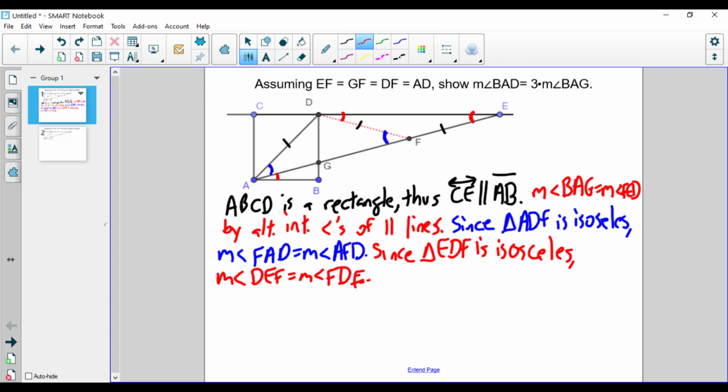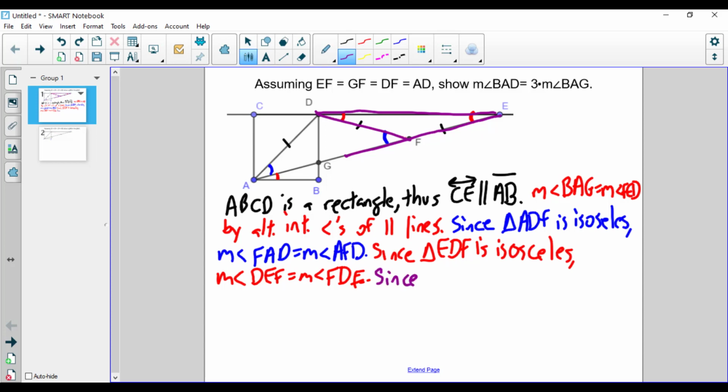And I'm going to use one last relationship to help me get these parts together. And that last relationship is recognizing that I have the exterior angle of a triangle, and I know that that's equal to the sum of the remote interior angles.